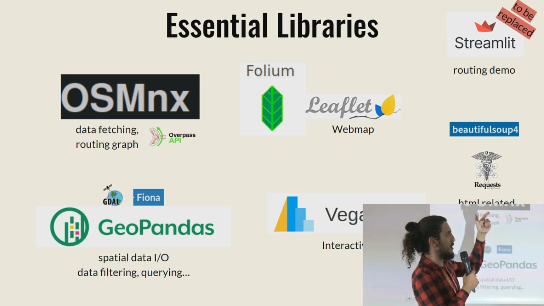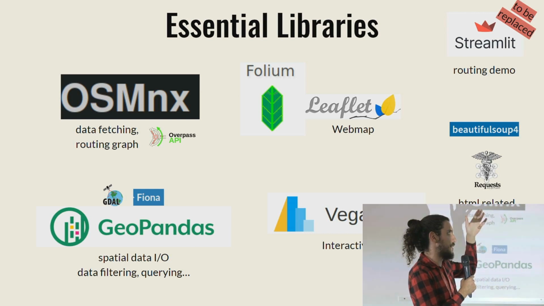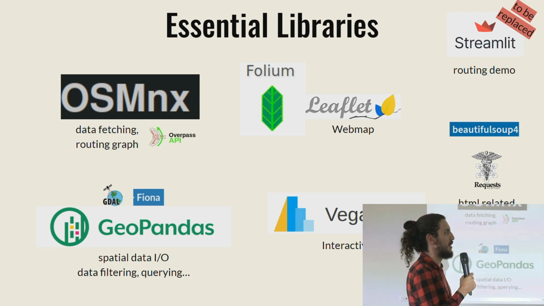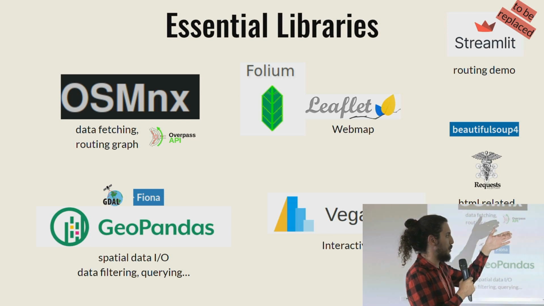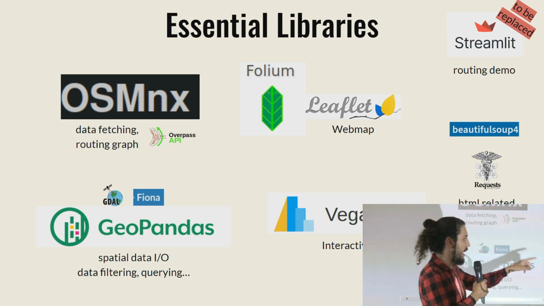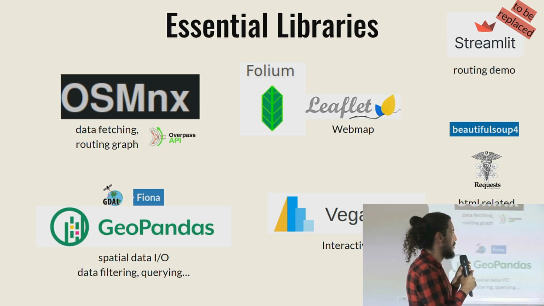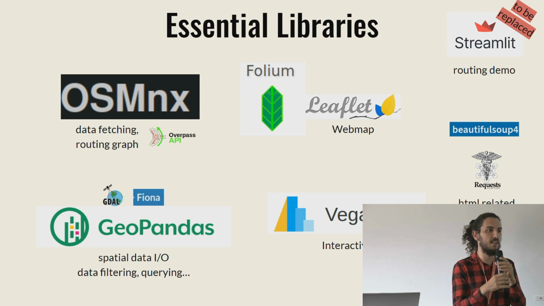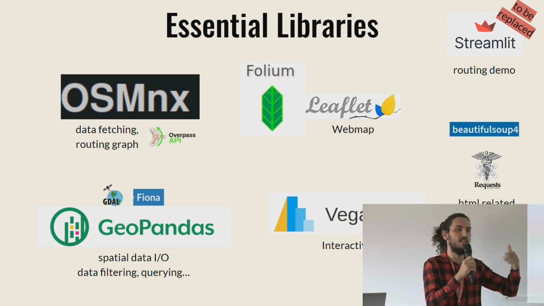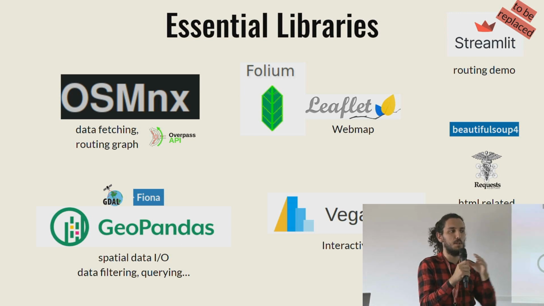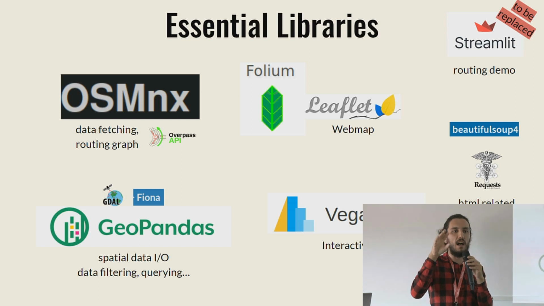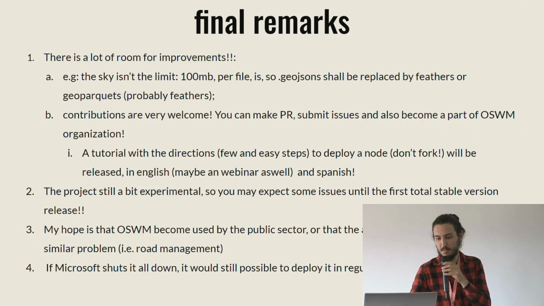And there's also Streamlit, which is to be replaced, that created that routing demo. And there are the beautiful Soup and Requests for things with HTML. And in the future, I'm going to be using the awesome API to track the changes on the data in OpenStreetMap and maybe create alerts if there's vandalism.